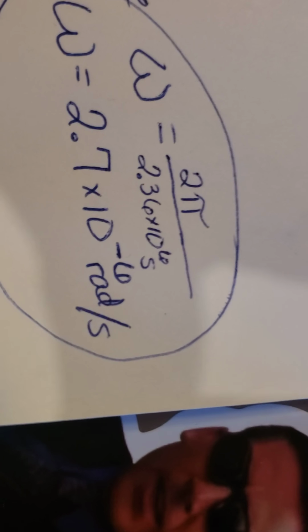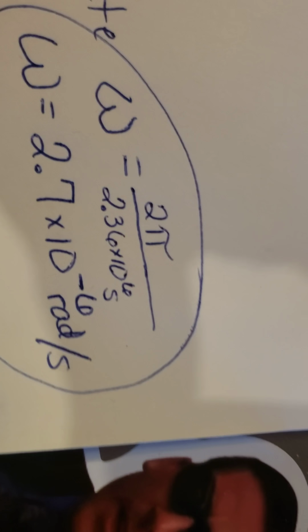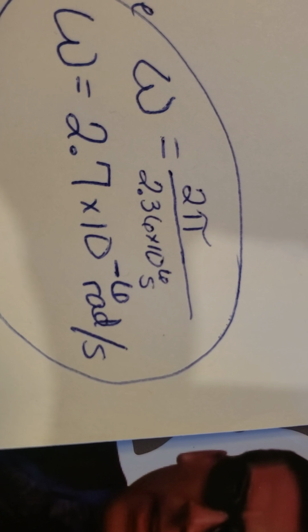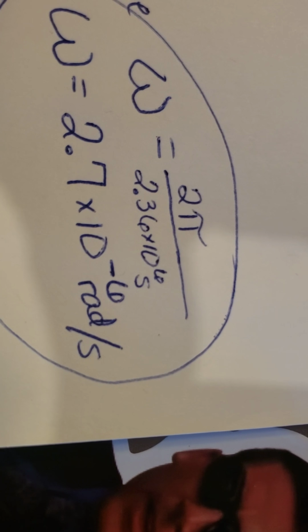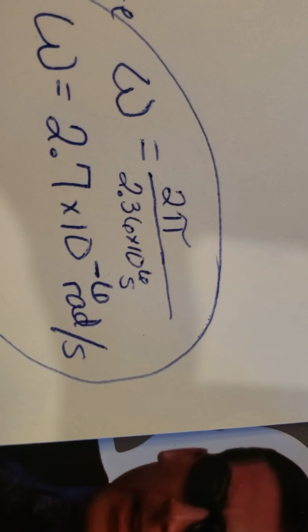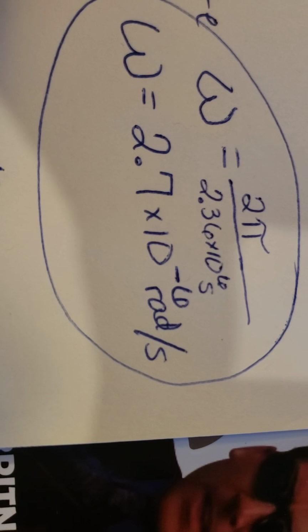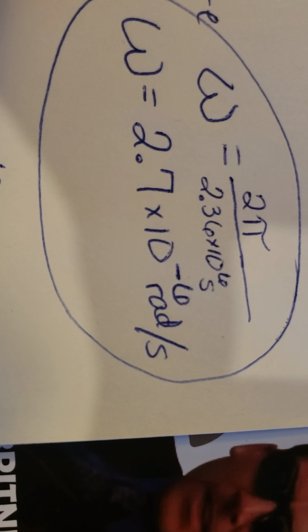We are going to solve for 2 pi divided by our time. So if you do 2 pi divided by 2.36 times 10 to the 6 seconds, you will get 2.7 times 10 to the negative 6 radians per second.